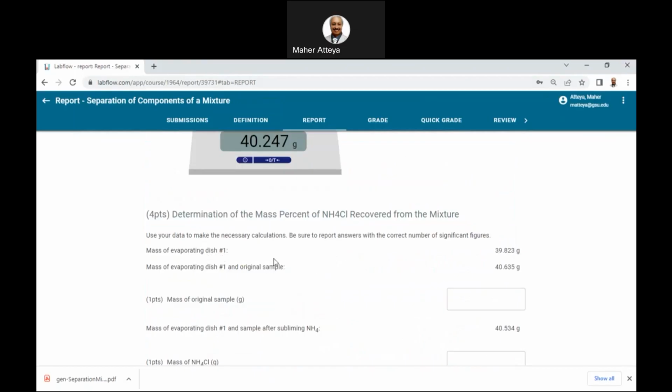Mass of a vibrating dish is this. Mass of a vibrating dish and original sample is this. Mass of the sample is this minus this, correct? So let me take the Windows calculator here, 40.635.